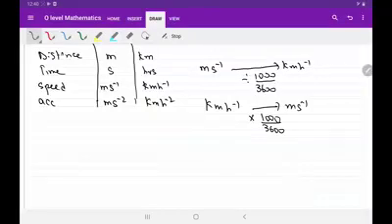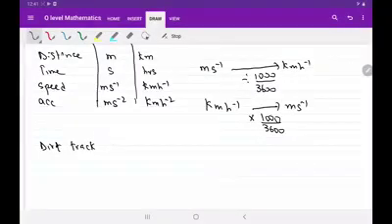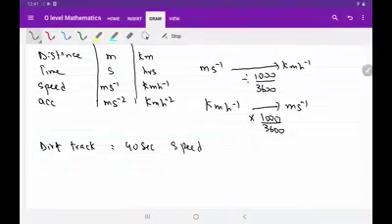So if you are told that a car is traveling on a dirt track for 40 seconds at a speed of 30 meters per second.